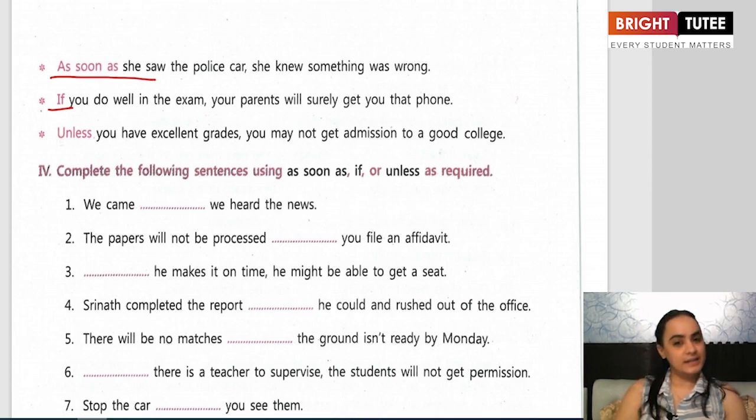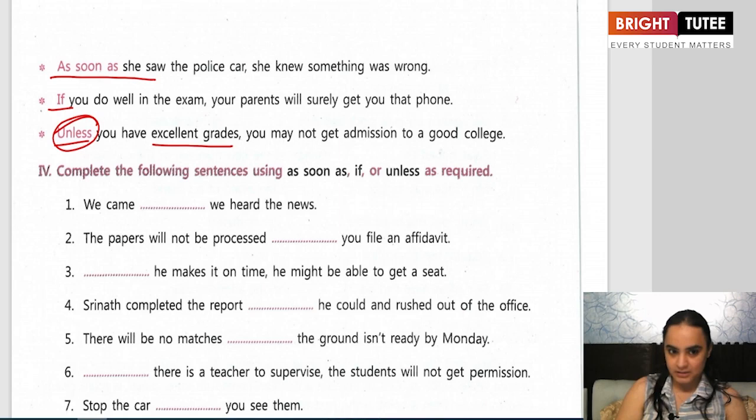If you do well in your exams. Unless you have excellent grades, you may not get admission to a good college. So, under what circumstance will you be able to get admission in a good college? If you get excellent grades. So, here is a condition, a circumstance on which your action is dependent.